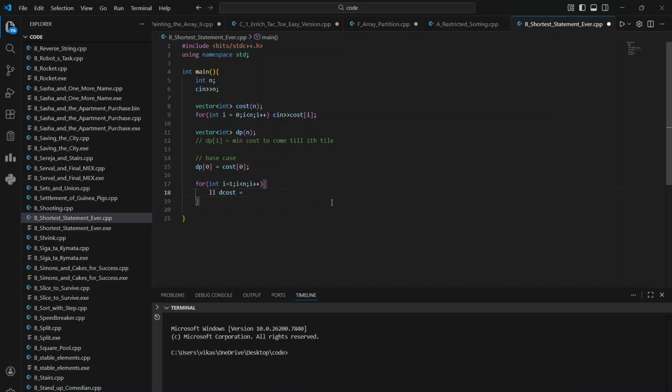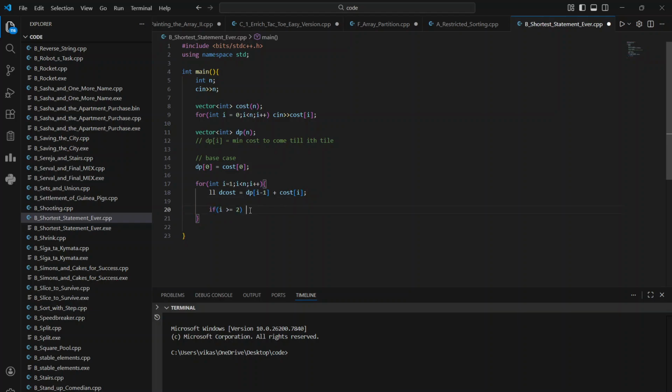It is going to be, let's say one possible way is you come from the I minus 1th tile, which is dp of I minus 1 plus the cost of the current one, or, if I is greater than or equal to 2, then only can you come from the I minus 2th tile, right? Because when I is equal to 1, there is no I minus 2th tile, so you cannot come from there.